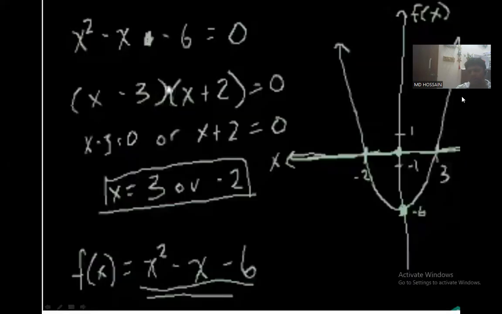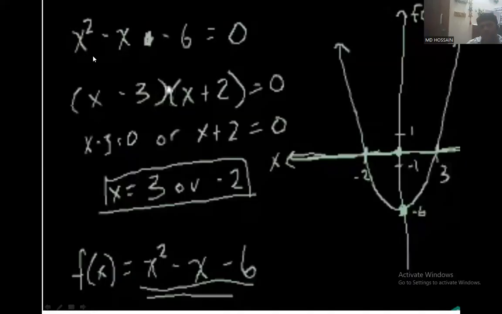Here you can see we are considering an equation that is x squared minus x minus 6 equal to 0, where if you factorize the equation, that is middle term factor, then you will get x minus 3 or x plus 2 equal to 0, or x minus 3 equal to 0, or x plus 2 equal to 0, or x equal to 3, or x equal to -2.